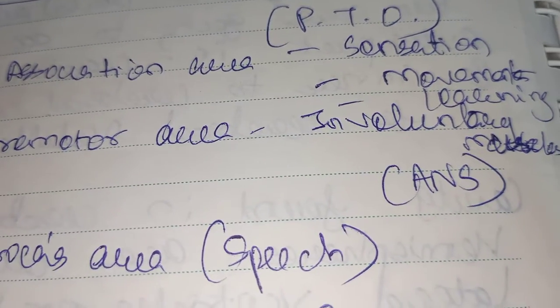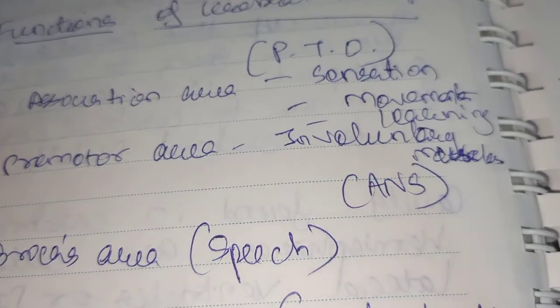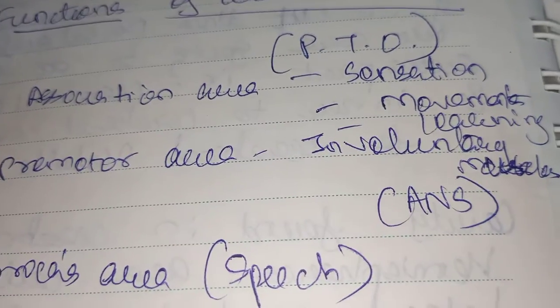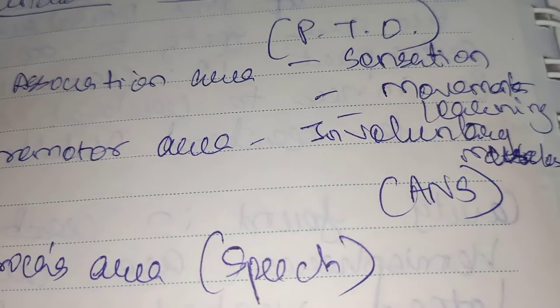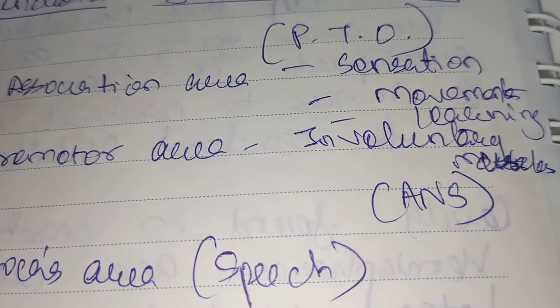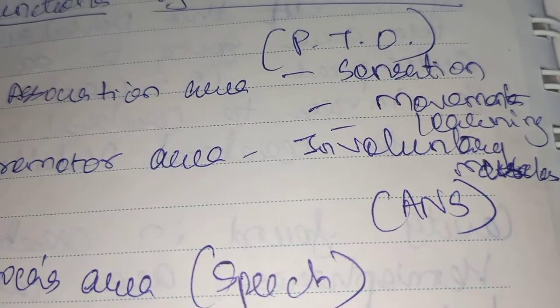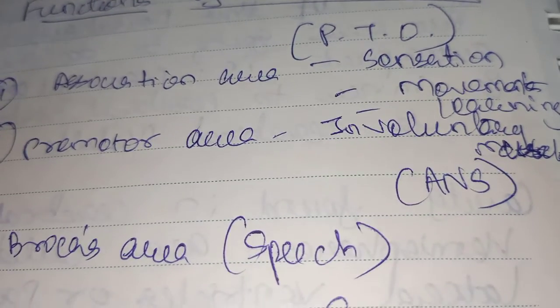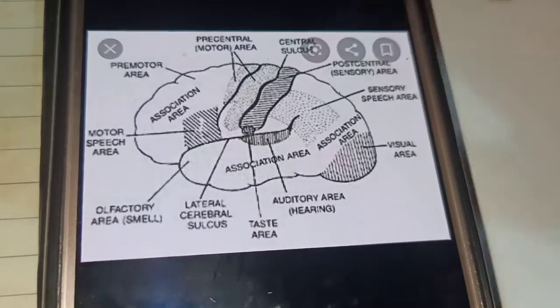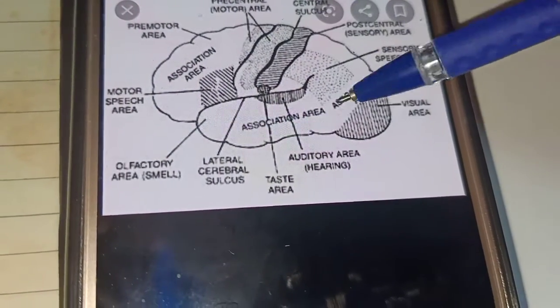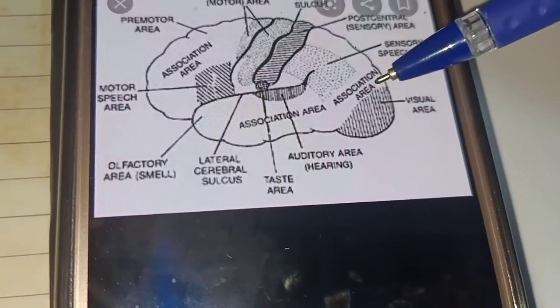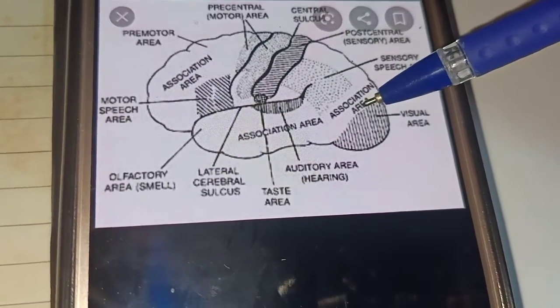Okay. So first is the association area. There are association areas present, and this association area is required for sensation, movements and learning. If you see this diagram, this is the association area. Which are the association areas, I will explain later on.